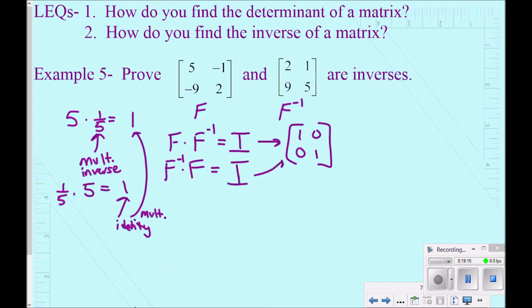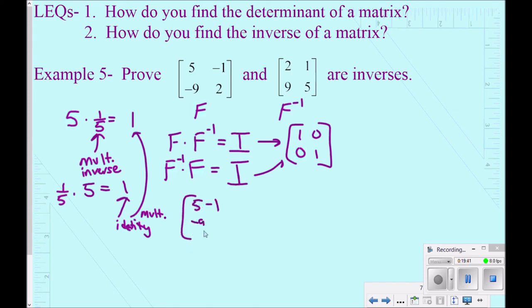Okay, if they're inverses. Now, we talked earlier about the fact that with multiplication of matrices, normally the order matters. A matrix A times a matrix B is not the same thing as matrix B times A, normally. But if the two matrices are inverses, then the order doesn't matter because you'll still end up with the identity matrix. So we're going to practice our multiplying here since we just learned that yesterday.